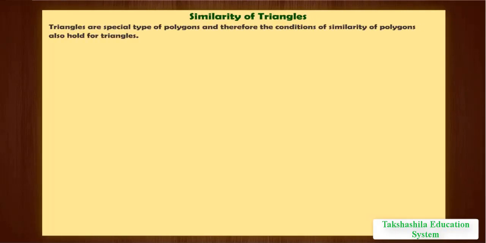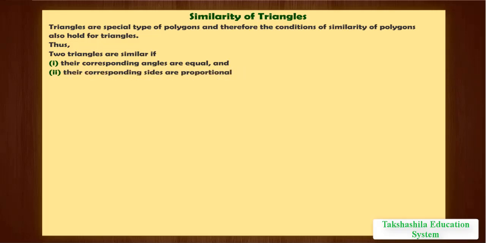Now let us learn about the similarity of triangles. Triangles are special type of polygons and therefore the conditions of similarity of polygons also hold for triangles. Thus, two triangles are similar if 1. Their corresponding angles are equal and 2.